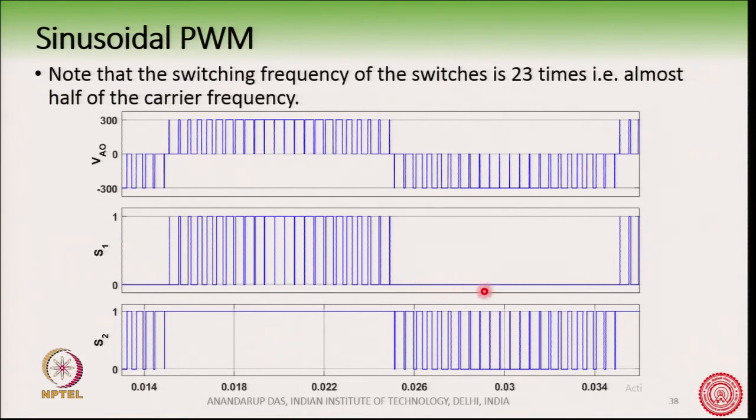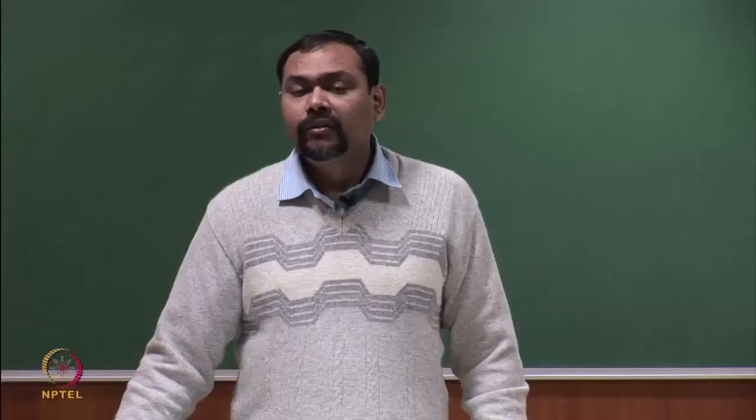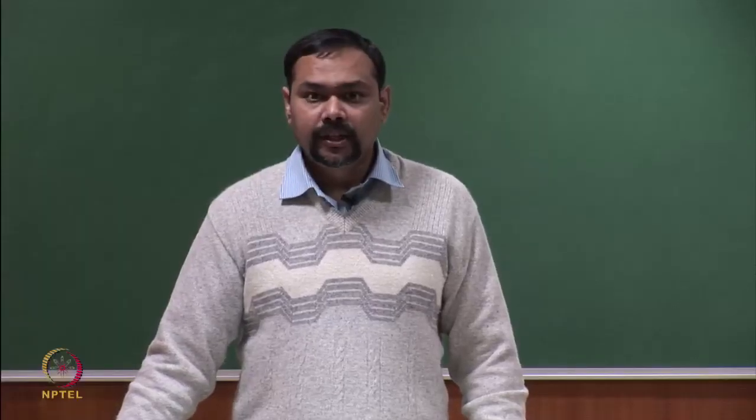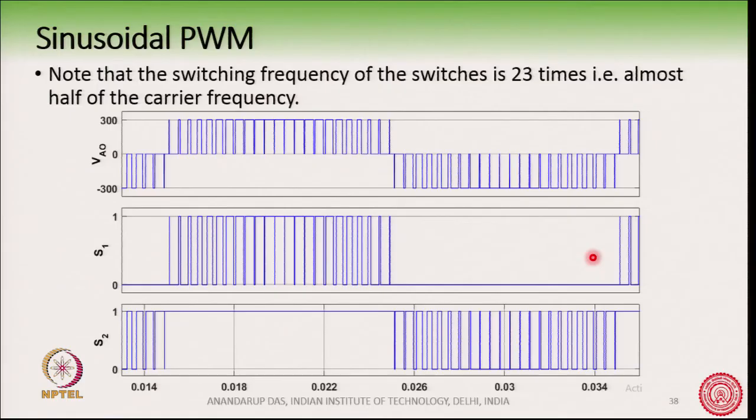Okay. So, we see that in this one fundamental cycle, the switch S1 is given a gate pulse which is turning on and off 23 times. So, this switch will be turning on and off 23 times. Okay. So, the switching frequency of this particular switch is almost half the carrier frequency. Okay.